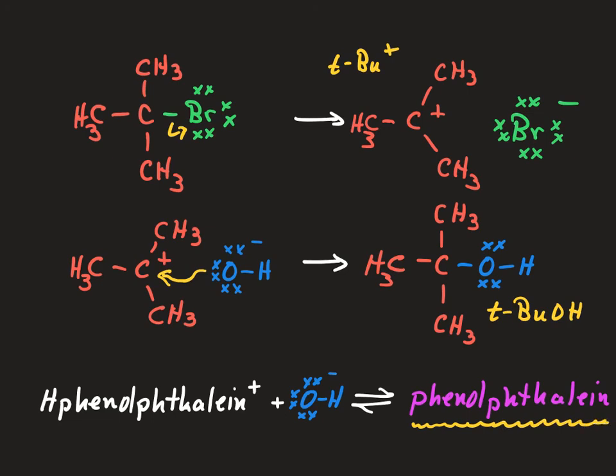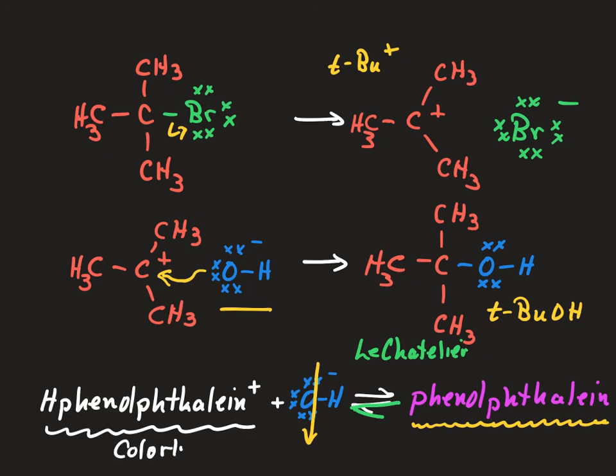But as we drop the concentration of hydroxide ions as they react, our second favorite dead French chemist, Le Chatelier, says that this reaction will shift this way to try to replace the missing hydroxide ions, which will lead to more of the protonated form of phenolphthalein, which is colorless.